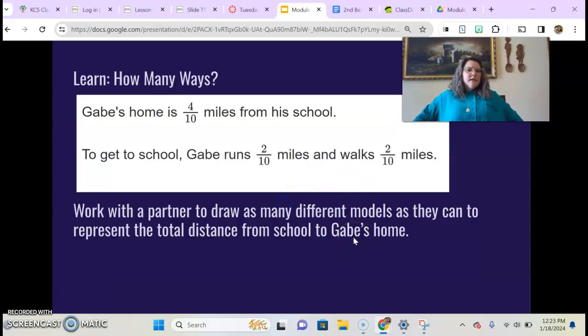So if I gave you this situation, and I'm actually going to read this backwards. I'm going to read the bottom part first. To get to school, Gabe runs 2/10 of a mile and walks 2/10 of a mile. So therefore, Gabe's home is 4/10 of a mile from his school.